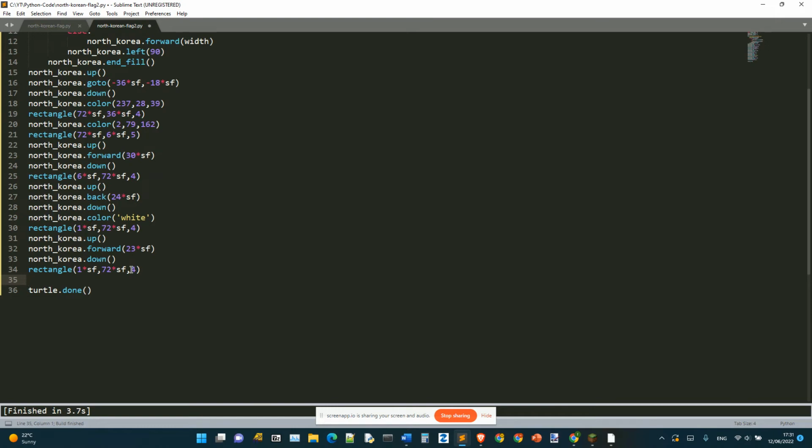The final bit is the star. So we're going to cheat a little bit. We're going to use this function again, and 1 times SF. But here it would be 48 times SF, 2 times.